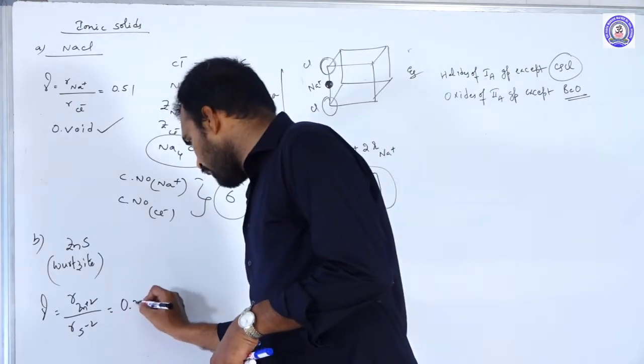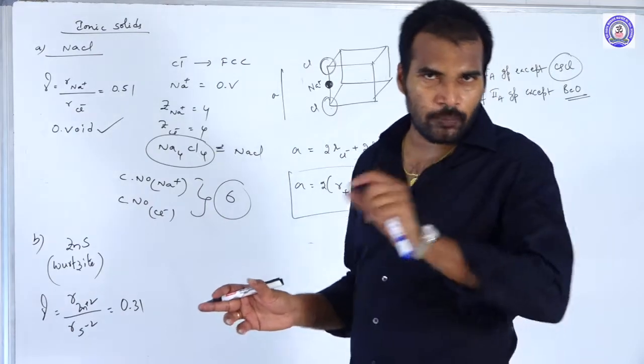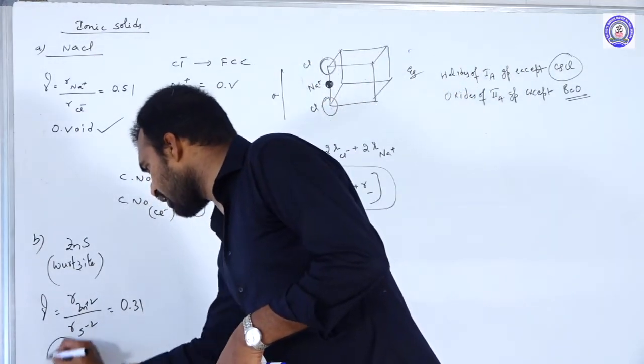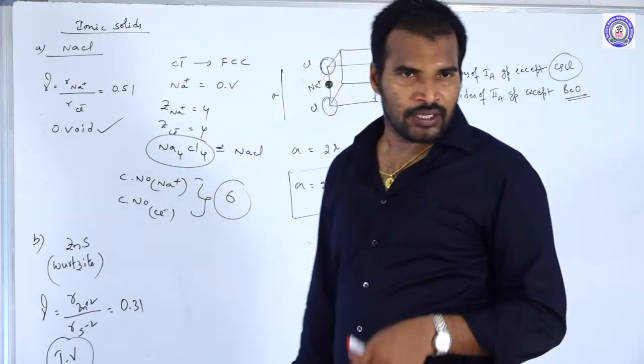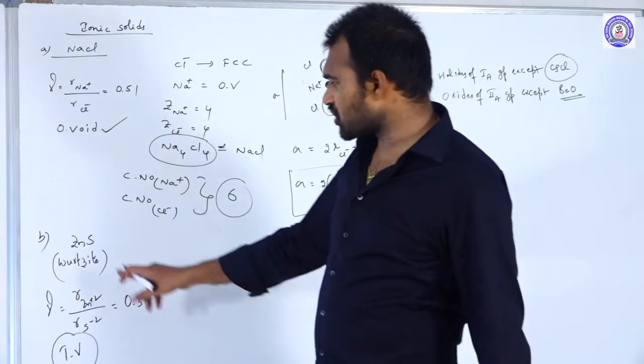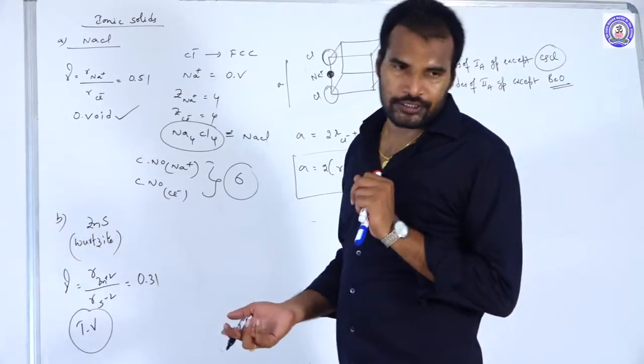We got 0.31. That means it is between 0.225 to 0.414. So what type of void does it have? It has a tetrahedral void. Remember that. If it is a tetrahedral void, what is the coordination number? 4. So the coordination number of both Zn and sulfide is 4 only.